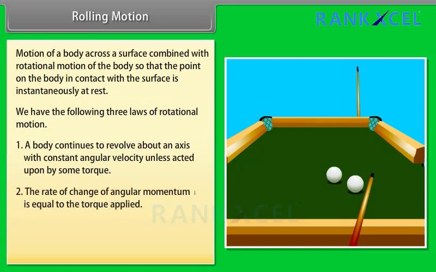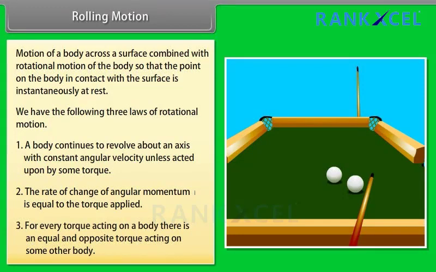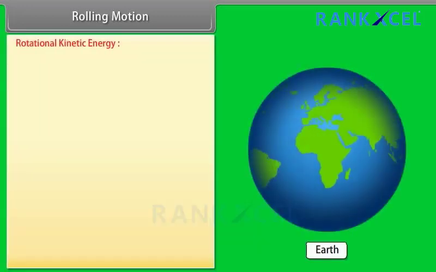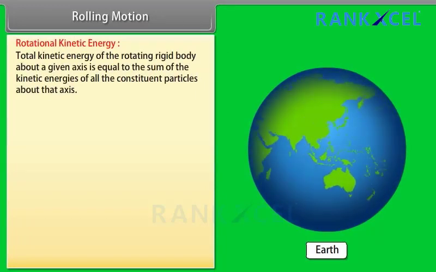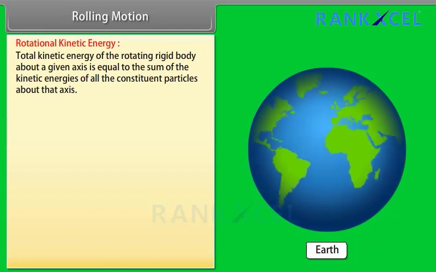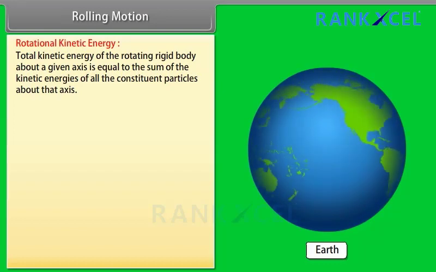Number 2. The rate of change of angular momentum is equal to the torque applied. Number 3. For every torque acting on a body, there is an equal and opposite torque acting on some other body.